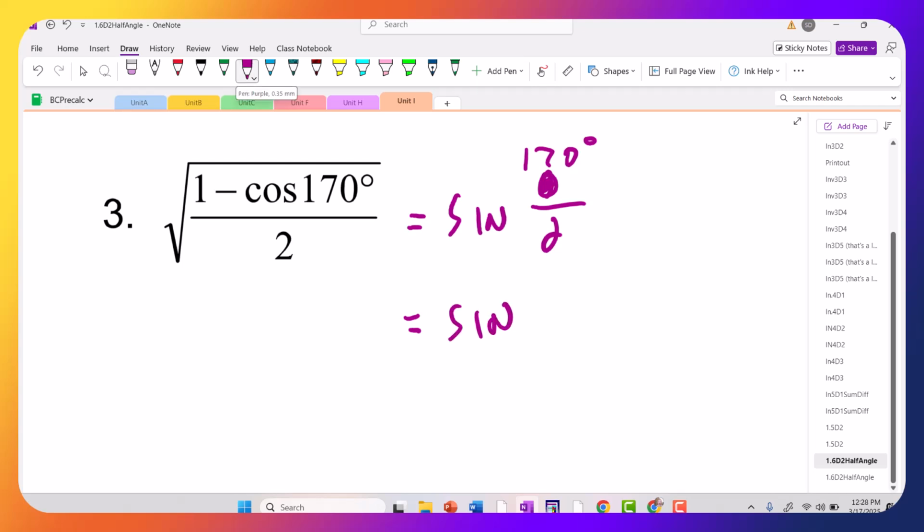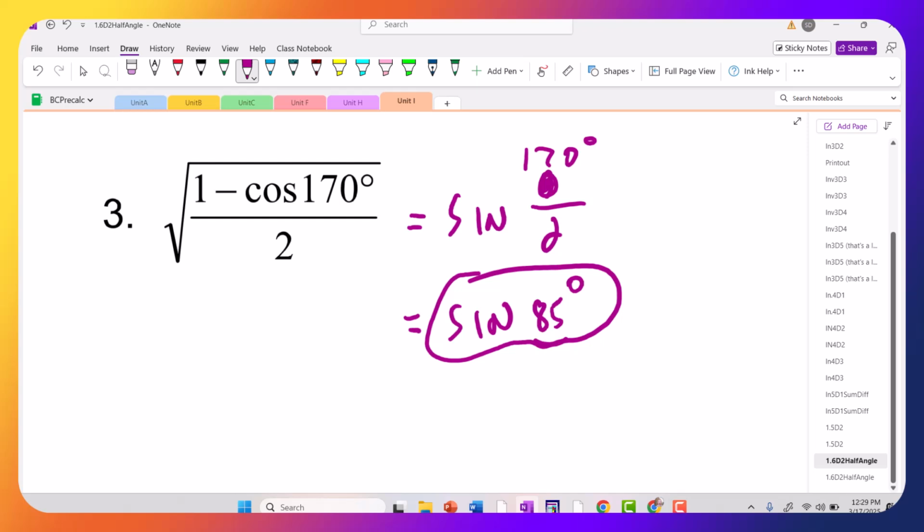Somebody yelled out 85. Is 85 on our unit circle? Is that something I can evaluate next without a calculator? Circle it up then. It's just the point of, can you identify the identity correctly? Can you identify the moving parts in the identity? What are the parts? What is happening?